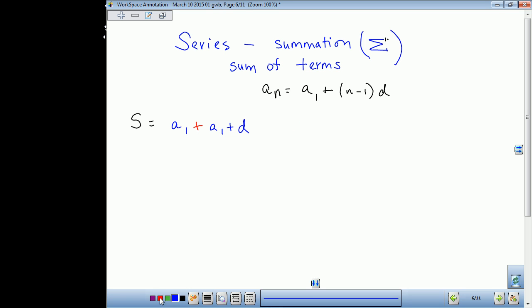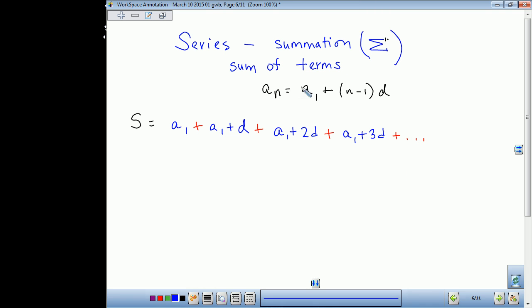Now, to get the third term, wouldn't we just take that first term and add 2 common differences to it? Yes. Okay? And to get to the next term, we would take the first term and add how many common differences? 3. And then we continue this, wouldn't we? Until we said, all right, the nth term, the last term.